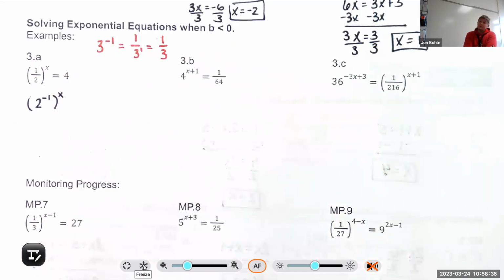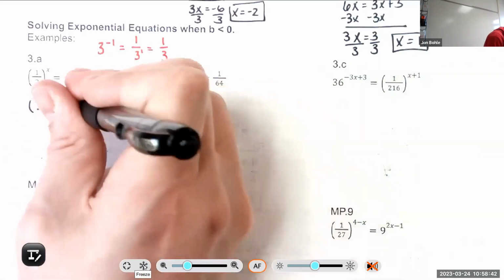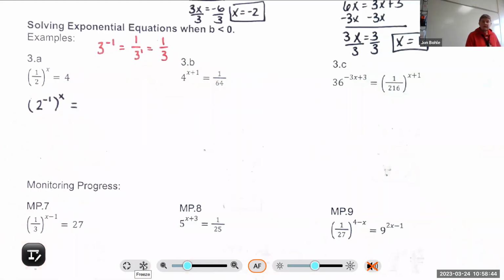Can I write 4 as a power of 2? Right, because I wrote 1/2 as a power of 2. Can I write 4 as a power of 2? 2 to the second power.